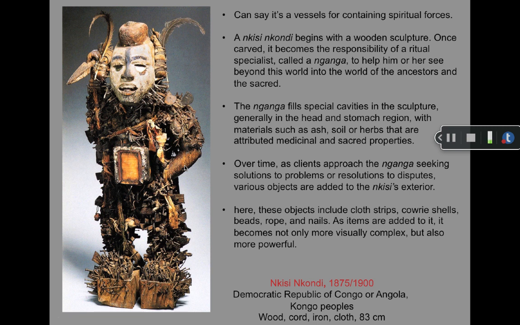And so over time it becomes layered with these objects and materials, becoming more visually complex but also more powerful, right? It actually holds more power once every nail or shell or rope or bead is attached onto the figure.